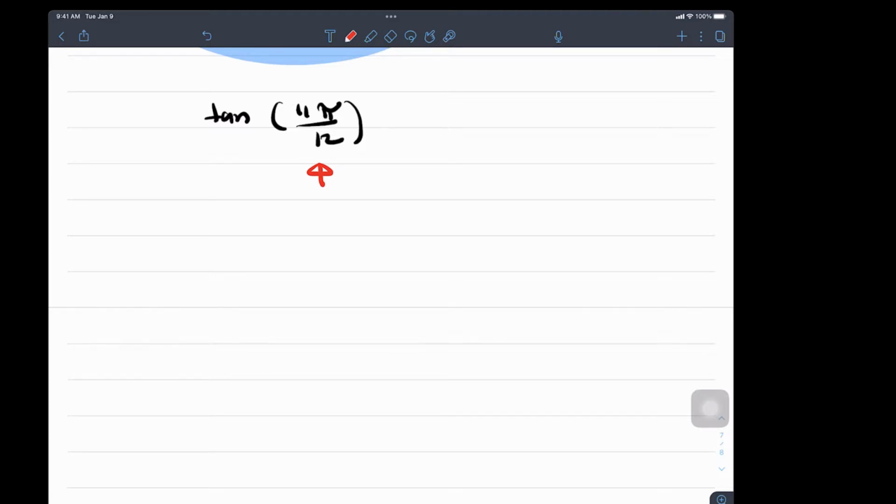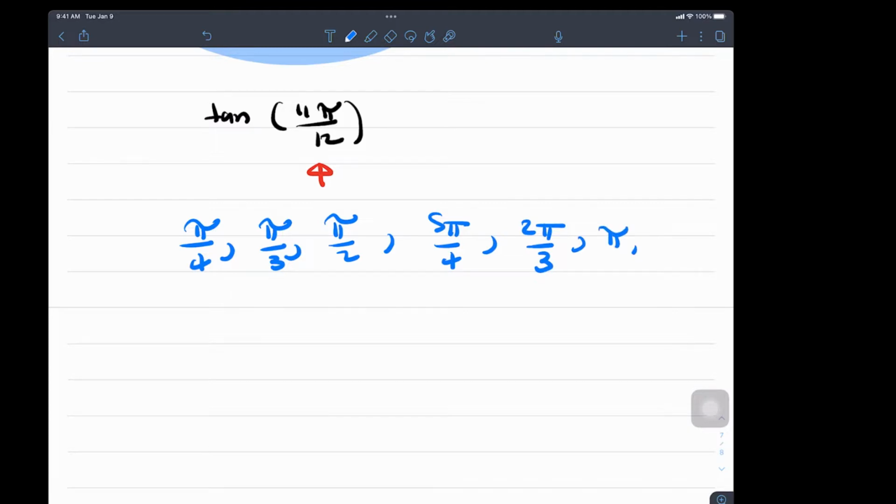Right? So what do you guys know? I would say you guys know, for instance, pi over 4, pi over 3 angles, pi over 2, and so on, right? 5 pi over 4, 2 pi over 3. You guys have even multiples of pi.